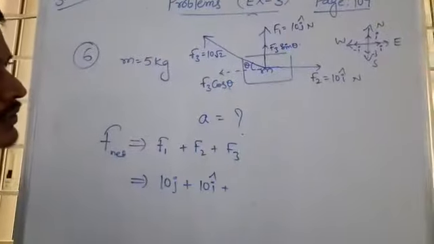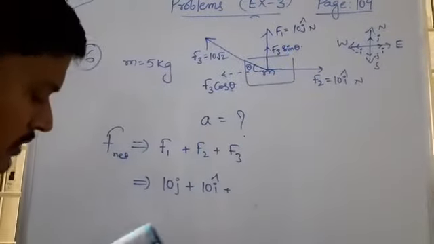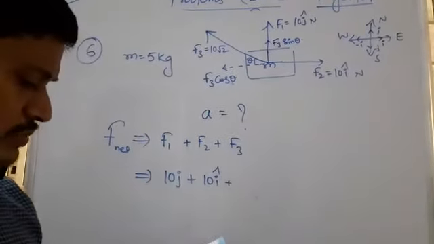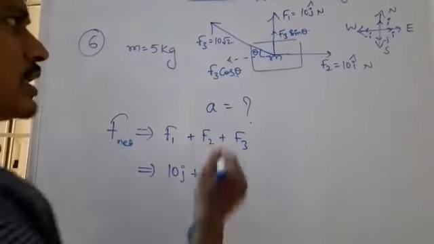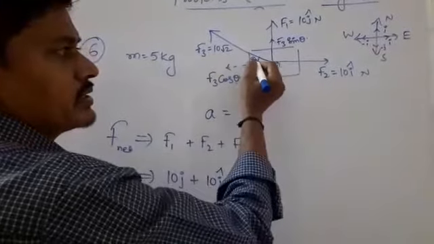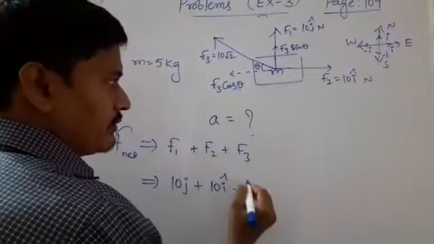F3 is equal to the component of these two forces. Here angle is mentioned, that is northwest corner. Northwest corner means theta is equal to exactly 45 degrees.